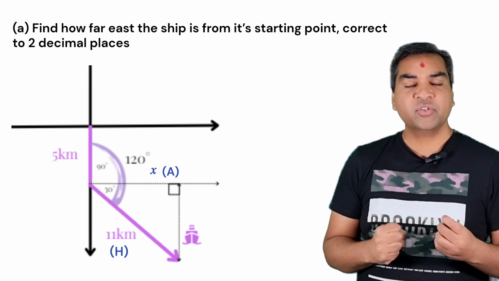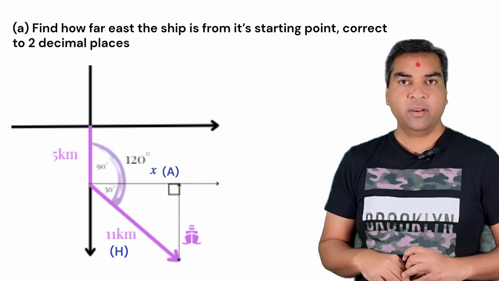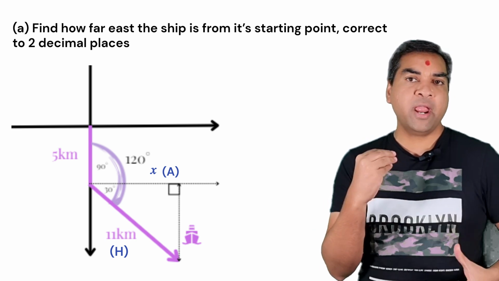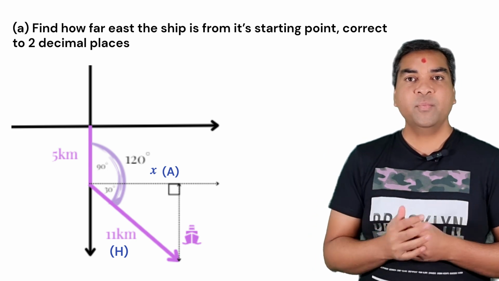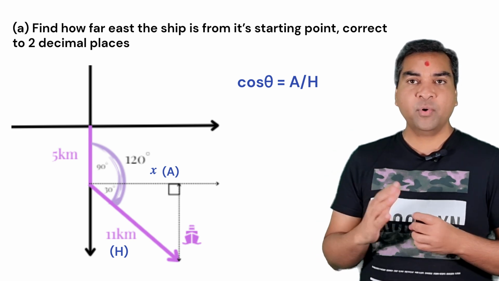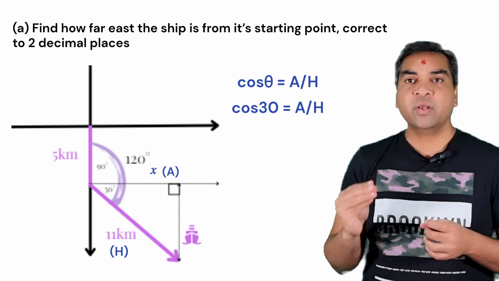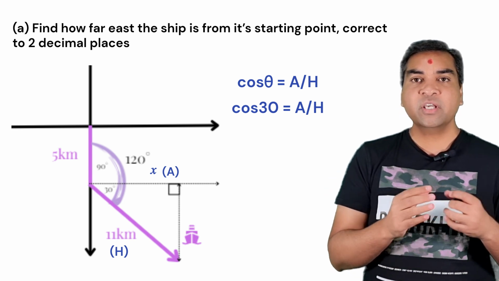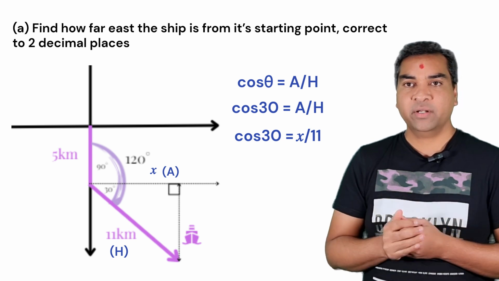Now a and h. So I've got three principles: SOH, CAH, and TOA. To pick the right one, I'll think about A and H. So that comes in CAH. So I'll be using CAH, which is cos theta equal to adjacent upon hypotenuse, which is cos 30 equal to x over 11.